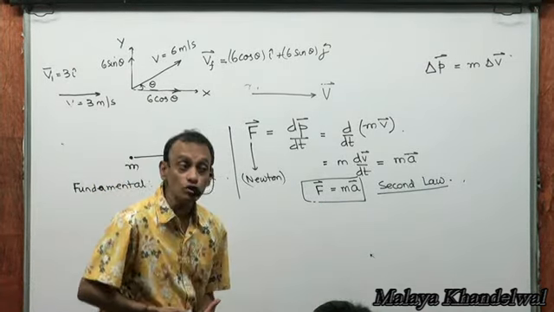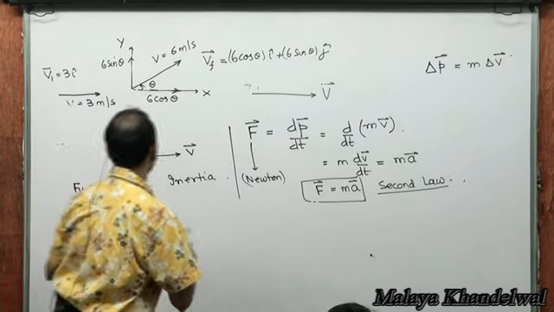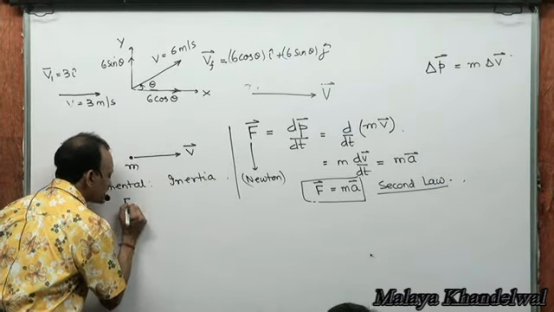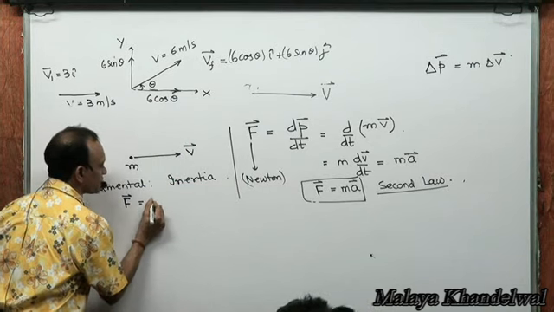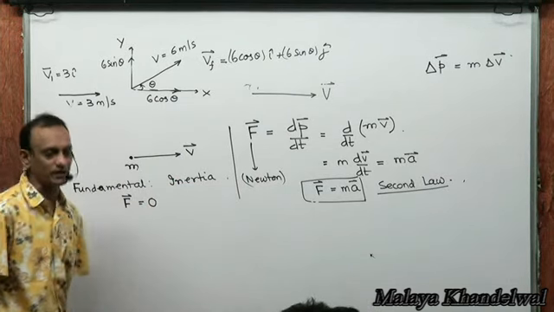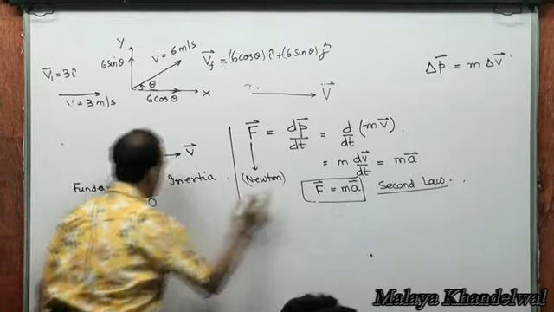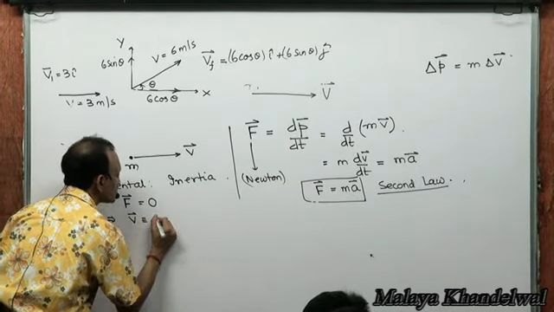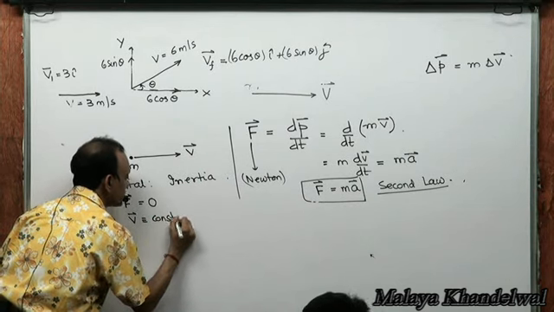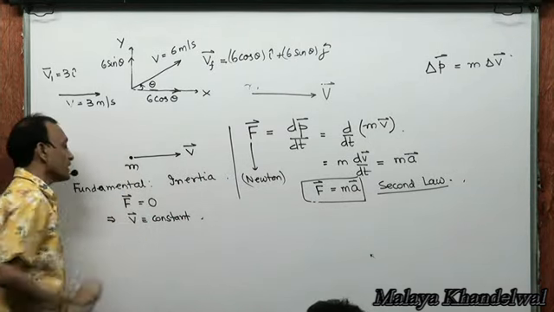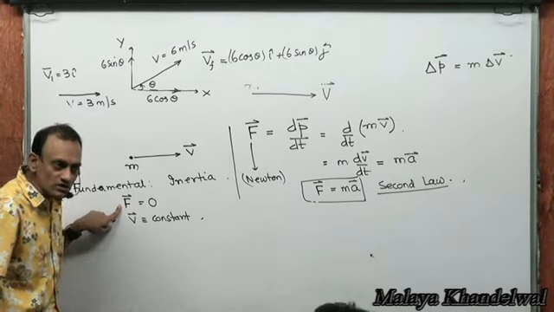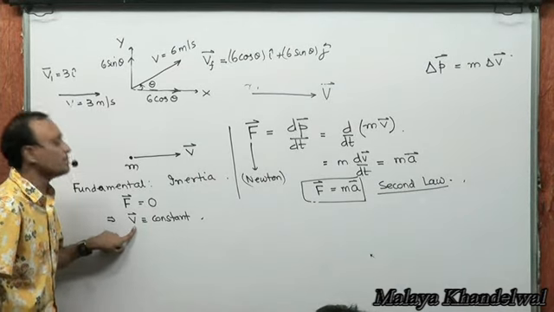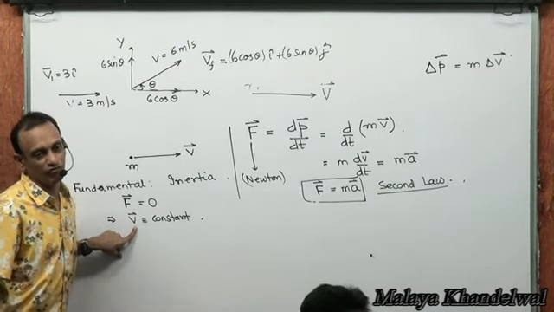What about the first law? The first law is that if there is no external force acting on the particle, then a is 0, it means v must be constant. That means a particle in absence of a net external force maintains its state of uniform motion.